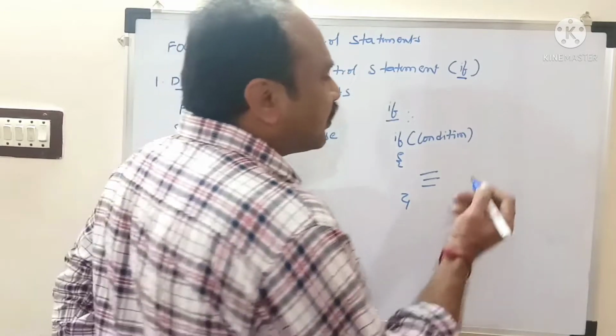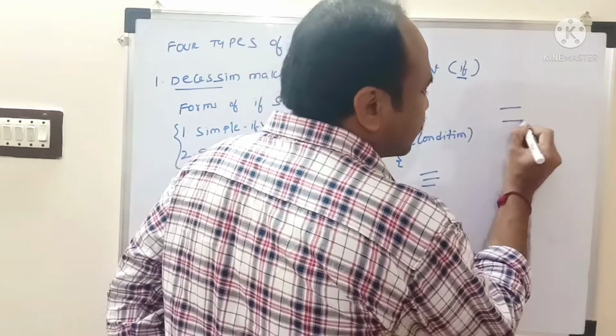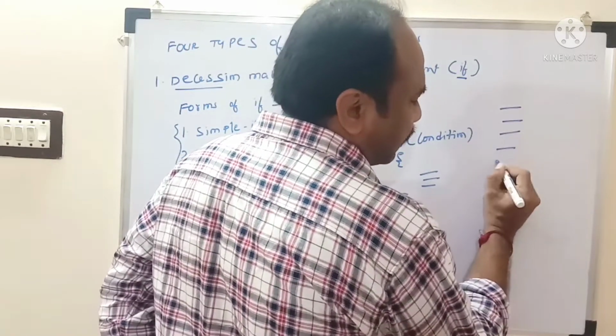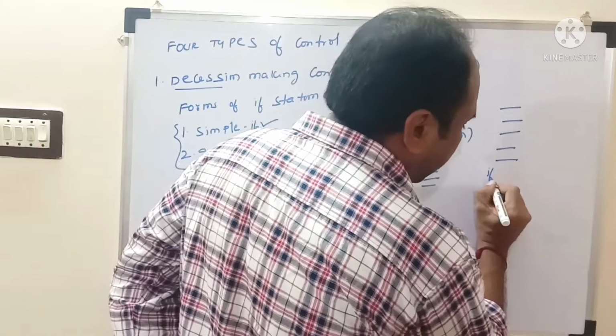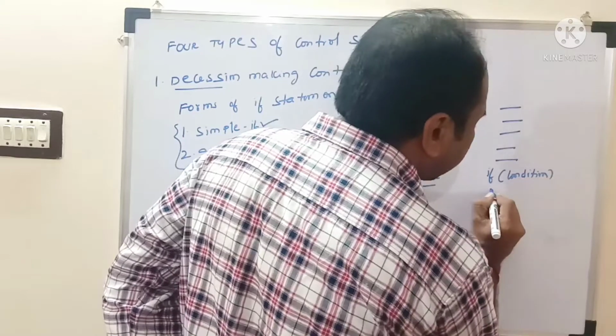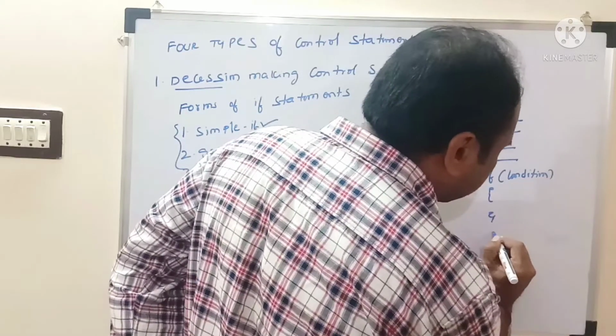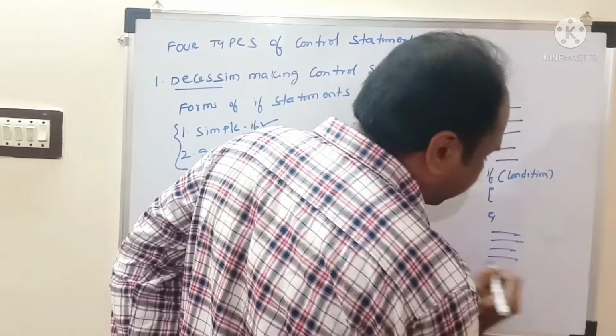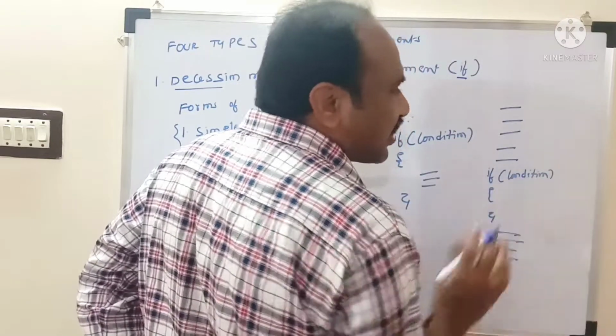Normally, when writing a program, we write statement 1, statement 2, statement 3, statement 4, statement 5. Then we write if of condition, then enter into the if block, and the remaining flow we write like this.